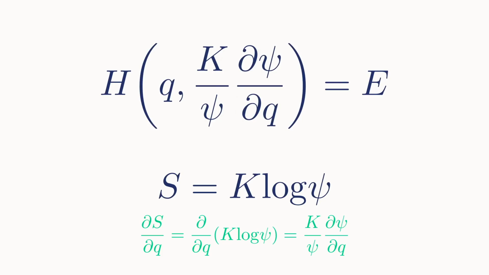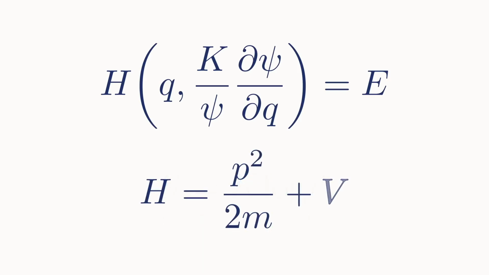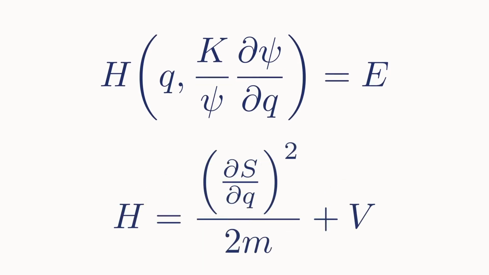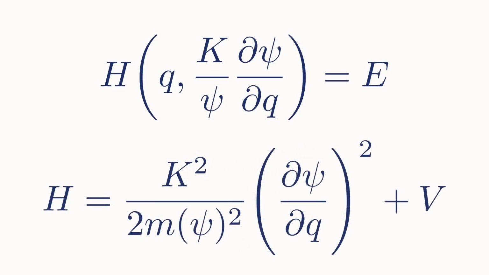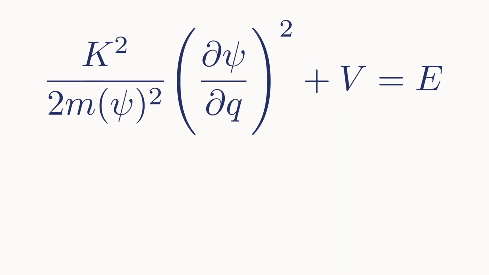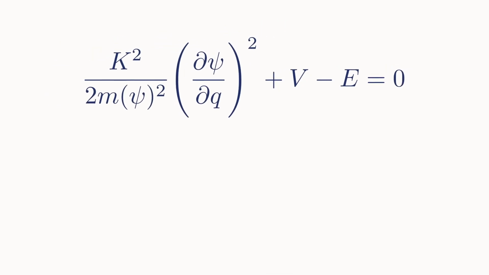Now remember, the Hamiltonian is just the kinetic energy plus potential energy. So written in terms of the momentum, it's this. In terms of the action, and then after our change of variables, it becomes this. Plugging it into the top equation, and then subtracting E results in the following. Now if we solve for psi here, we'd simply be solving the classical Hamilton-Jacobi equations in a new variable.